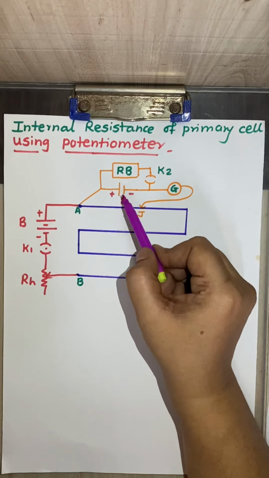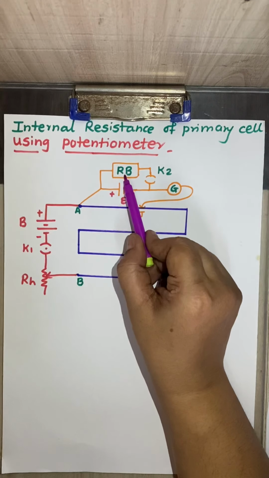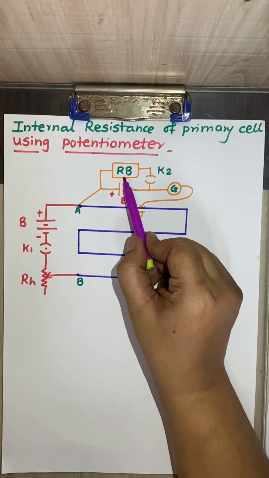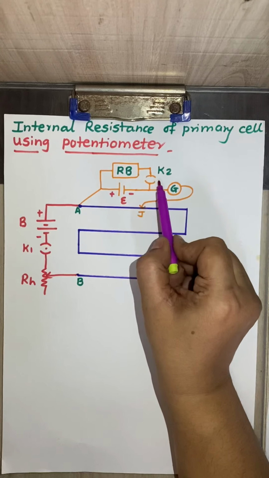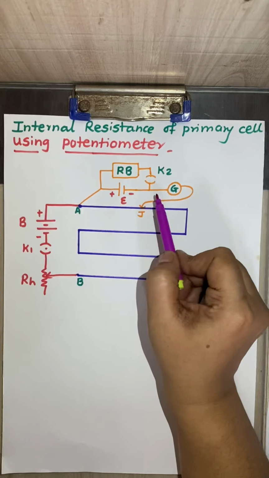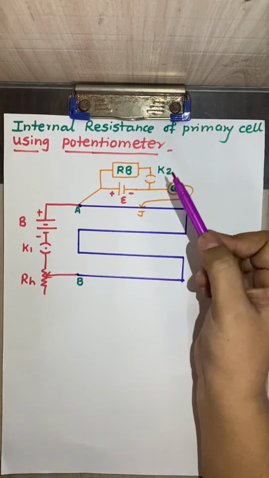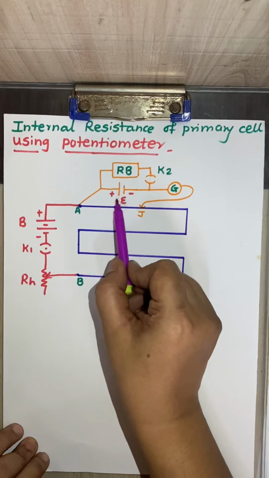Another thing: a high resistance box RB is also connected across the cell through the key K2, and this K2 is again connected to the galvanometer with respect to the jockey. This is the cell whose internal resistance we want to find out.